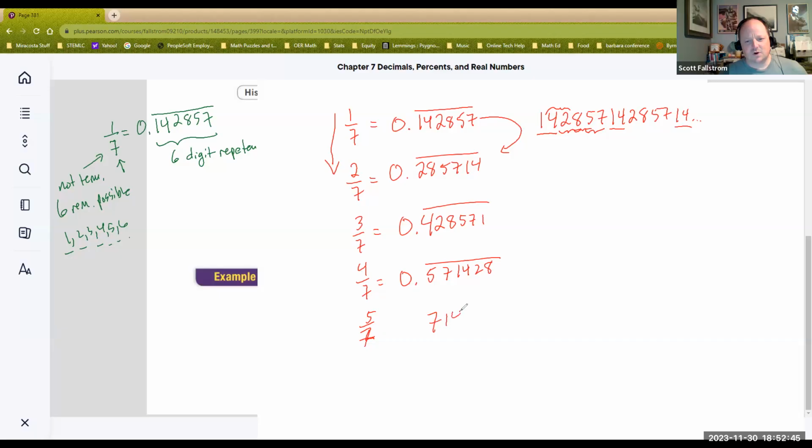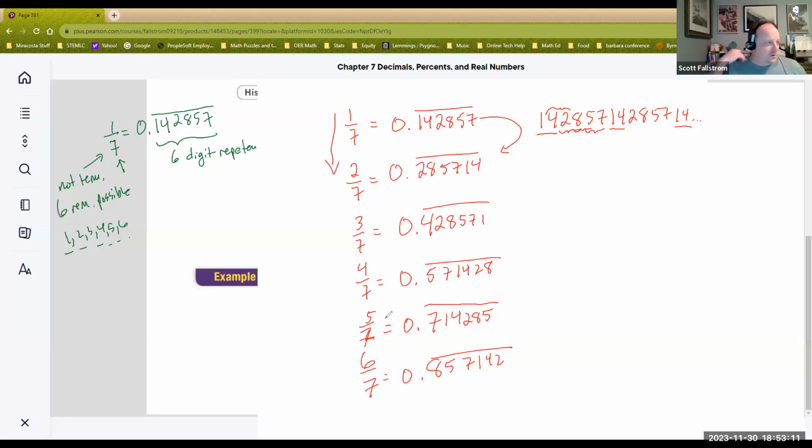So I have 7, 1, 4, 2, 8, 5. And 6 over 7 is the next largest, which would start with the 8. 8, 5, 7, 1, 4, 2, and there they are. There's all your sevenths. But they're made from exactly the same string of 6 repeating digits. So that's kind of the approach that you can take.